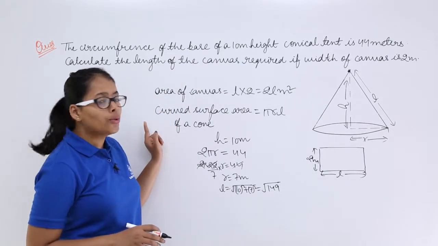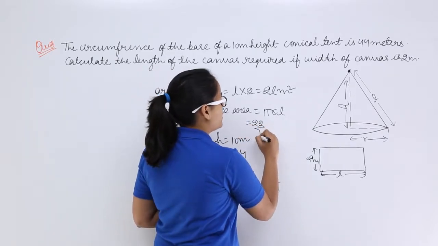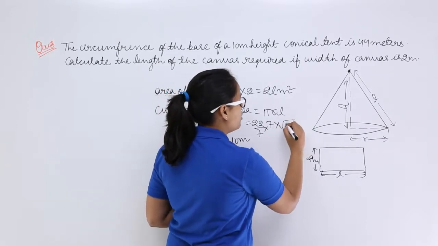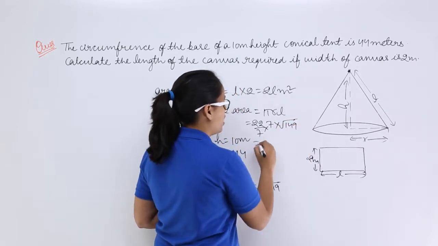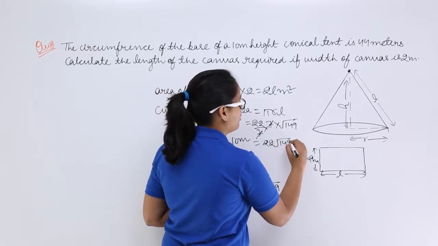Now you need to calculate this curved surface area, which is 22 by 7. Radius, as you know, is coming out to be 7. Length is root 149. Now 7 and 7 will get cancelled out and you will get this.